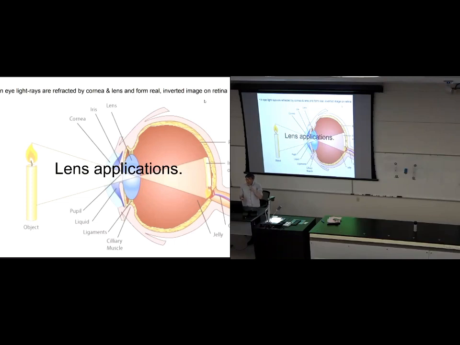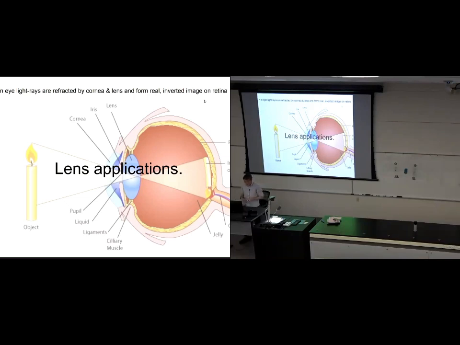The eye forms an image of an object by refraction at the outer surface of the eye, the cornea, but also inside the eye is an adjustable lens that it uses to focus on things, so it also gets refracted there. So light is refracted when it enters through the cornea, refracted some more or some less when it passes through your lens, and then it forms an image on the back of your eye on the retina.